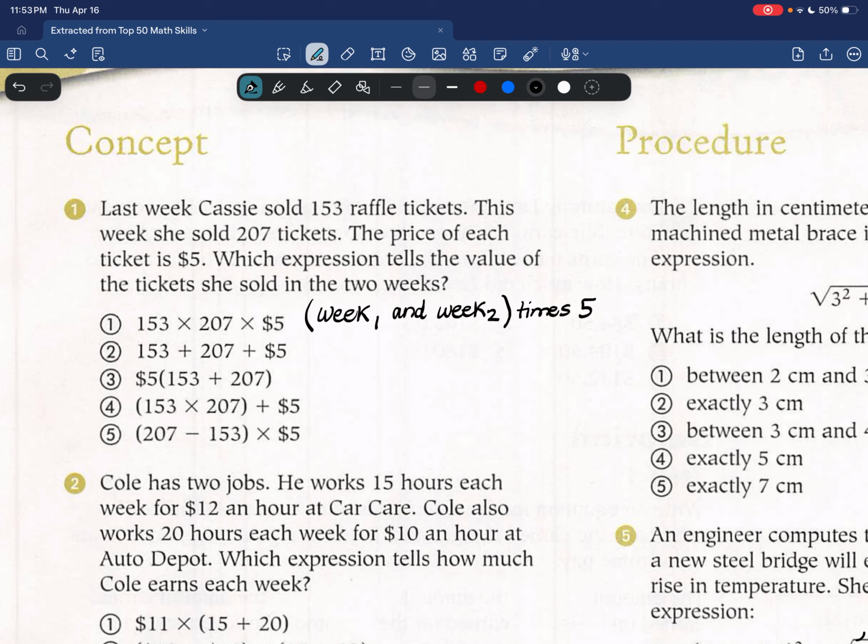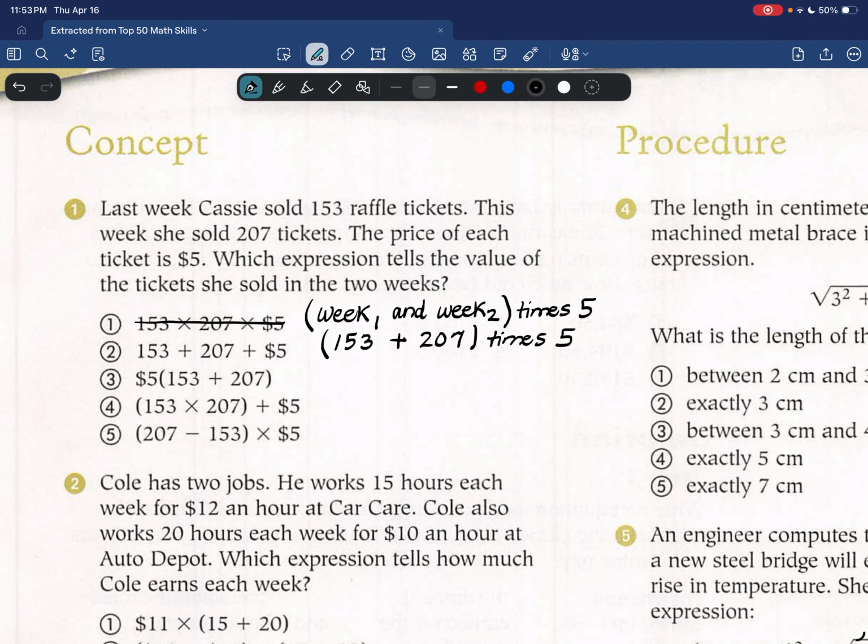So week 1 was 153. The word and means add. This week is 207 times 5. So I can eliminate number 1 because it does not have any addition.